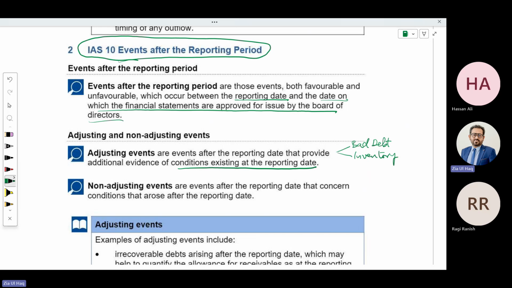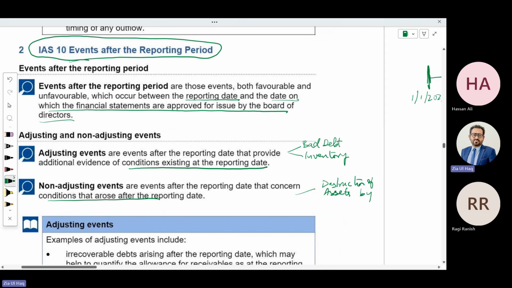What are non-adjusting events? They are events for which no condition existed at the balance sheet date, the year-end date. What are these? Destruction of assets by flood or fire.